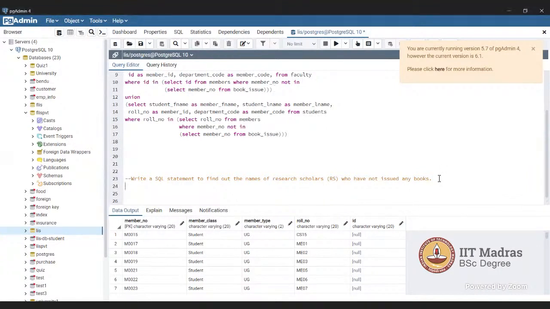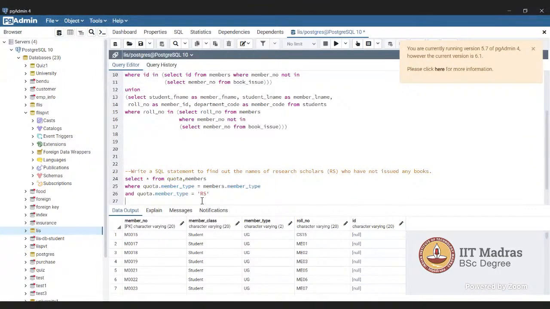So, what is your approach? Select star from members where quota dot member type is equal to member type. See, what is the question? Write a SQL statement to find out the names of research scholars who have not issued any books.